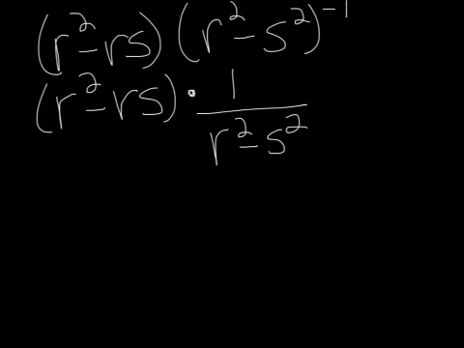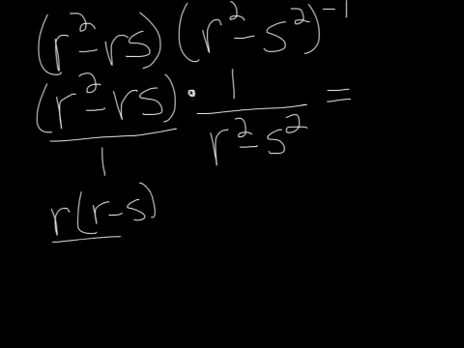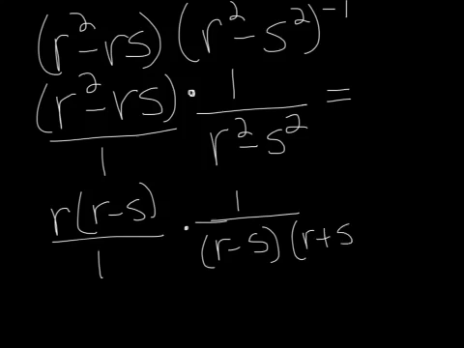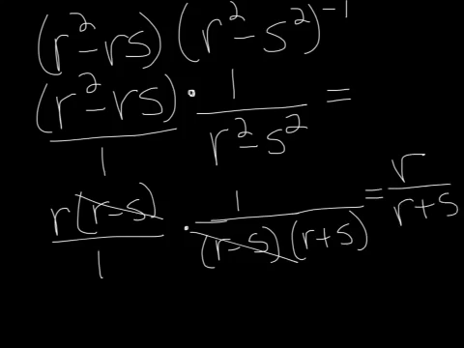So I can rewrite it like that, and this is over 1. On top, I see a GCF of r. On bottom, I see the difference of 2 squares. Remember, I can cancel diagonally up and down, but never, never, never across. Looks to me the final answer is r over r plus s.